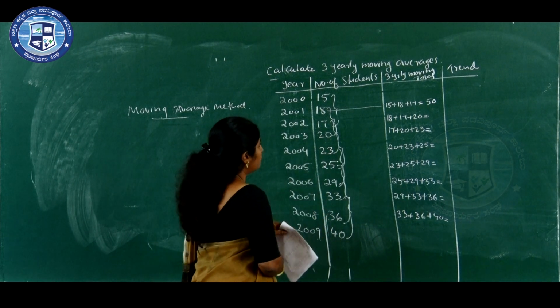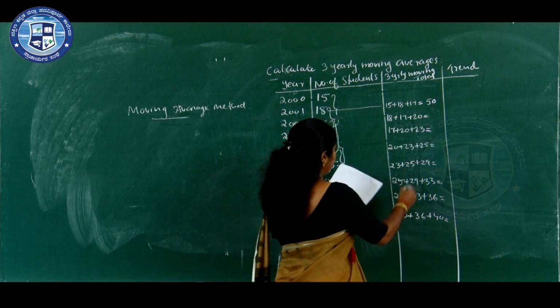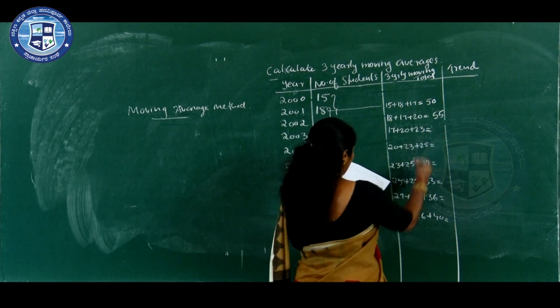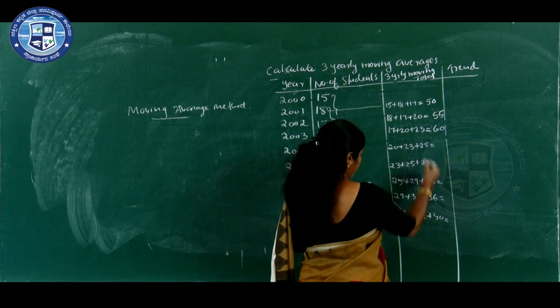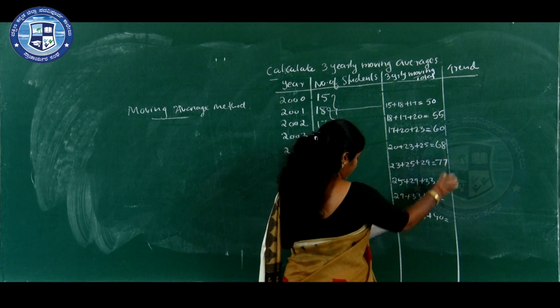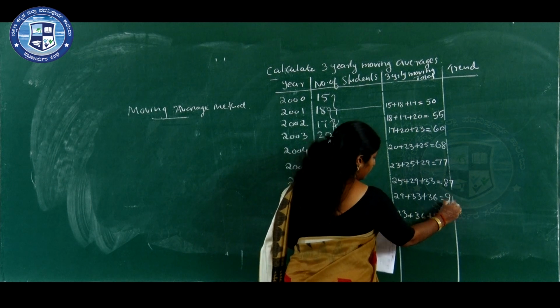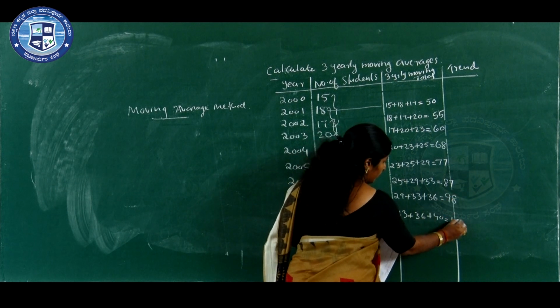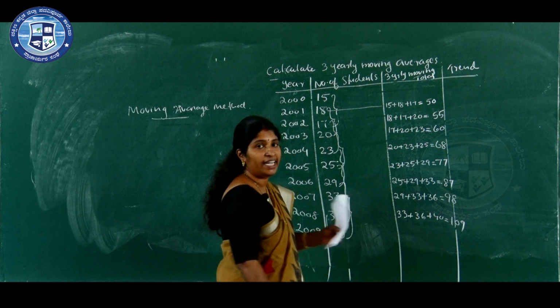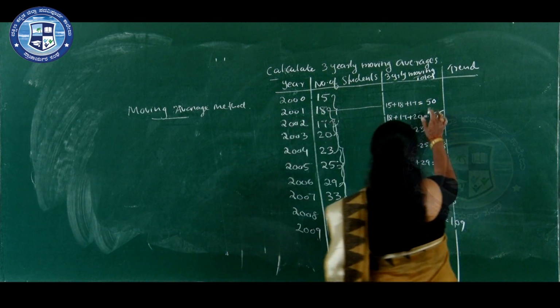Okay. Now your answer will be: first one is 50, next is 55, then 60, 68, then 77, 87, then 98 and 109. Then find the trend. Now how to find the trend? You have to divide by 3, the number of observations.